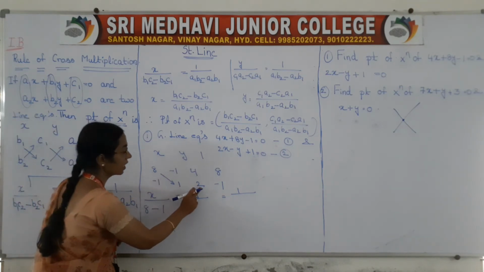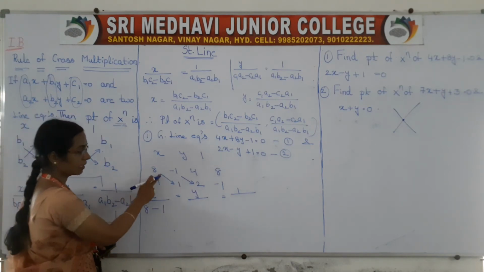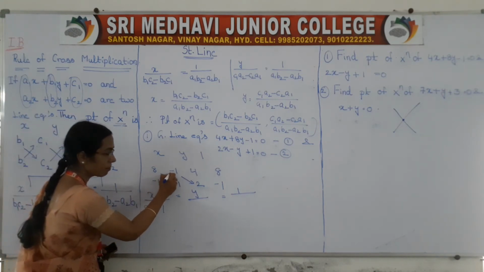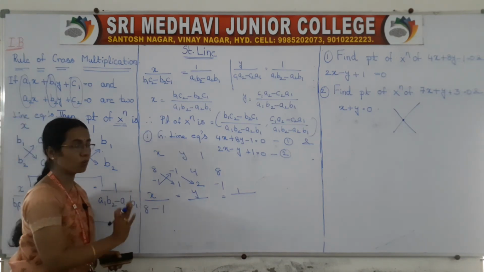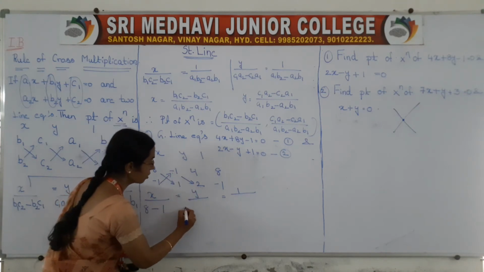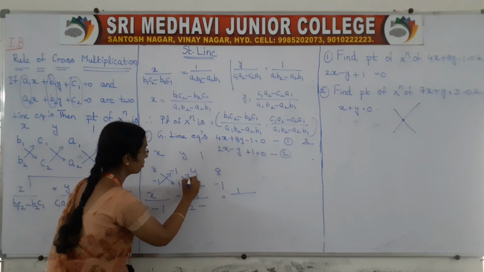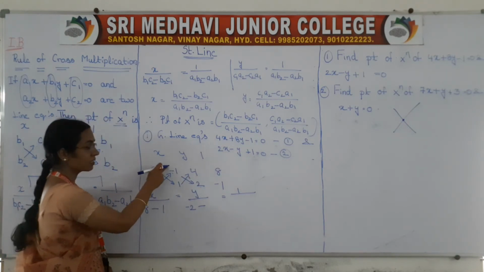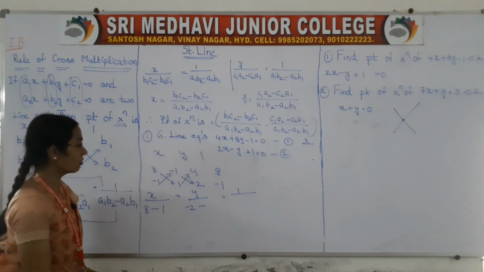Next, minus 1 into 2, this into this. Getting my point? This into this minus this into this, that is for x. Next for y, this into this minus this into this. Like this we have to take.